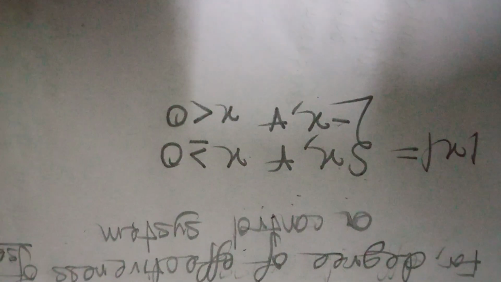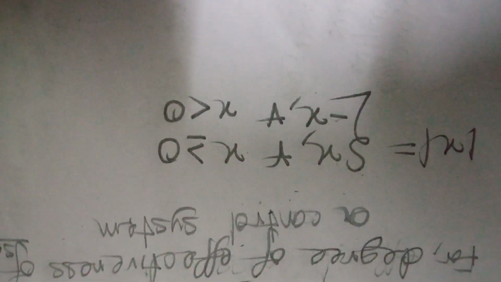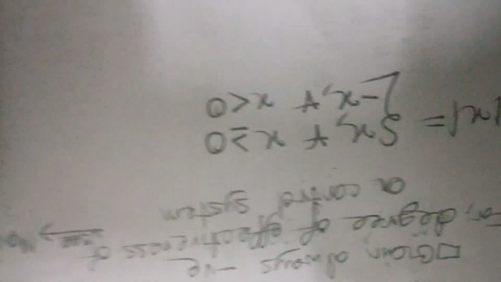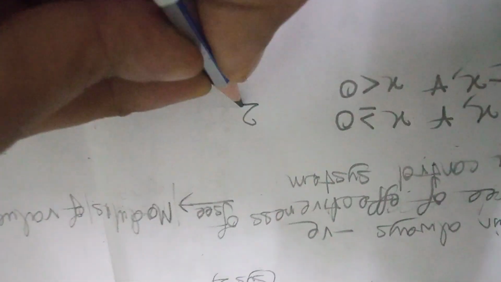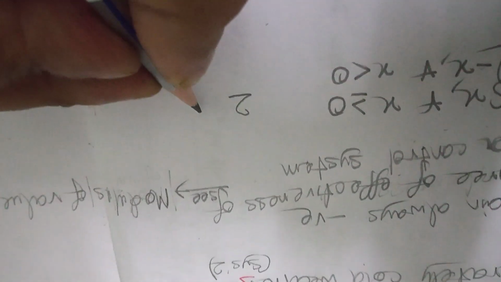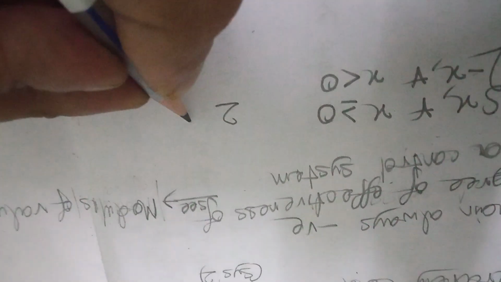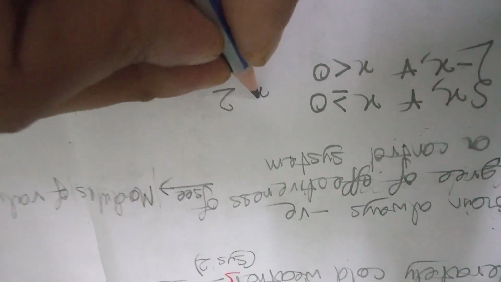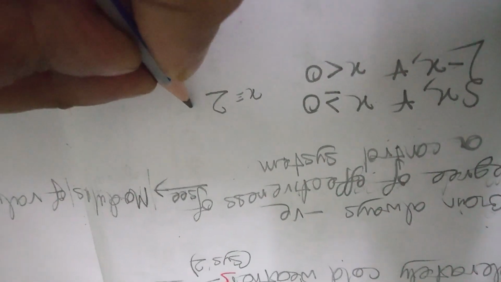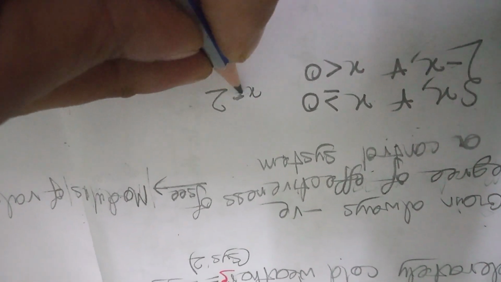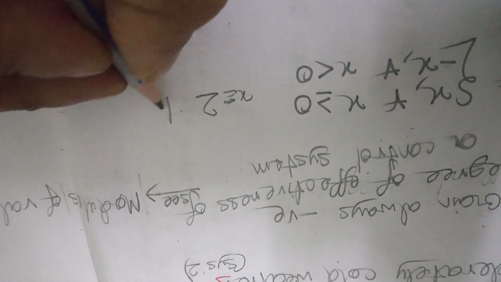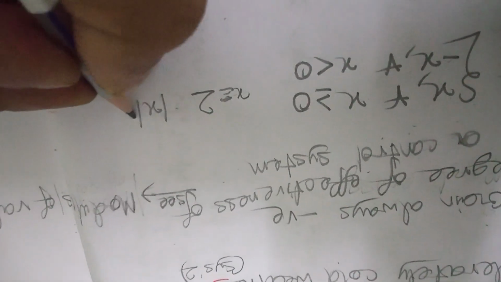But if x is less than 0, then we write minus x. What is the modulus of 2? It is simply 2, because 2 is greater than or equal to 0.